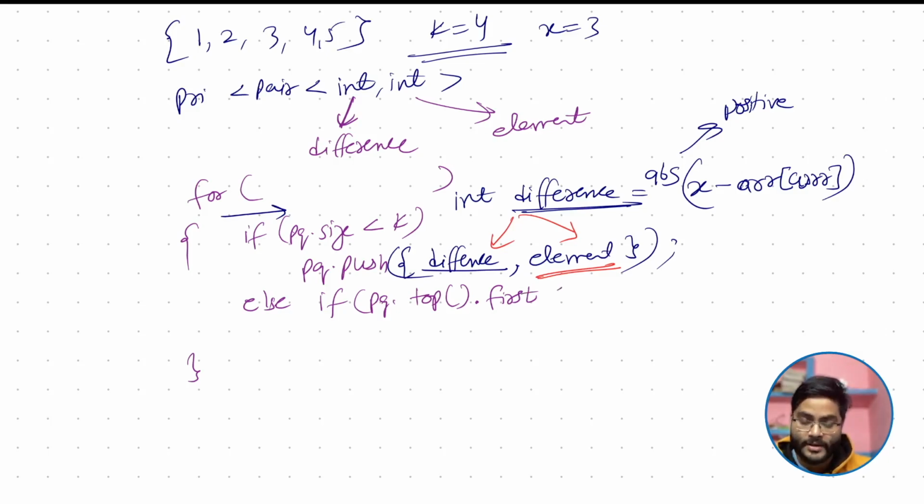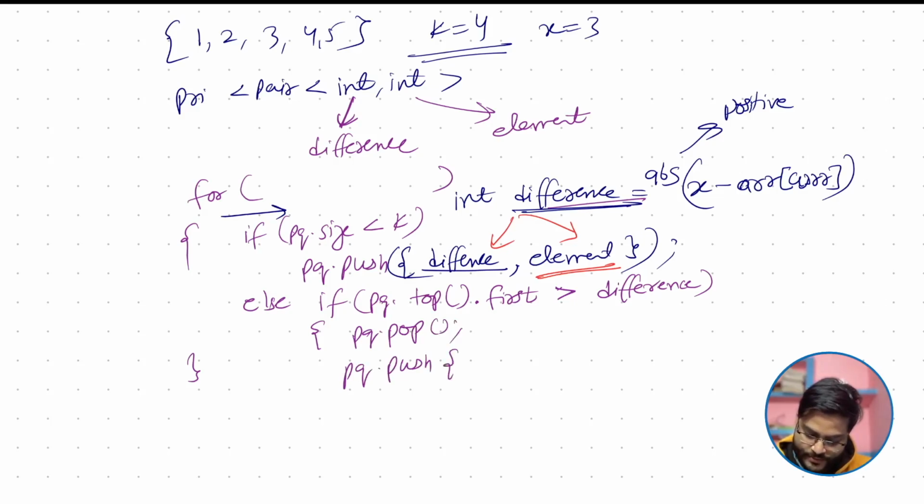If it is greater, since we are taking the max heap, I will compare it with my difference, which I have calculated. If it is greater than the difference, I will pop it out and push this one, the pair of difference comma element.